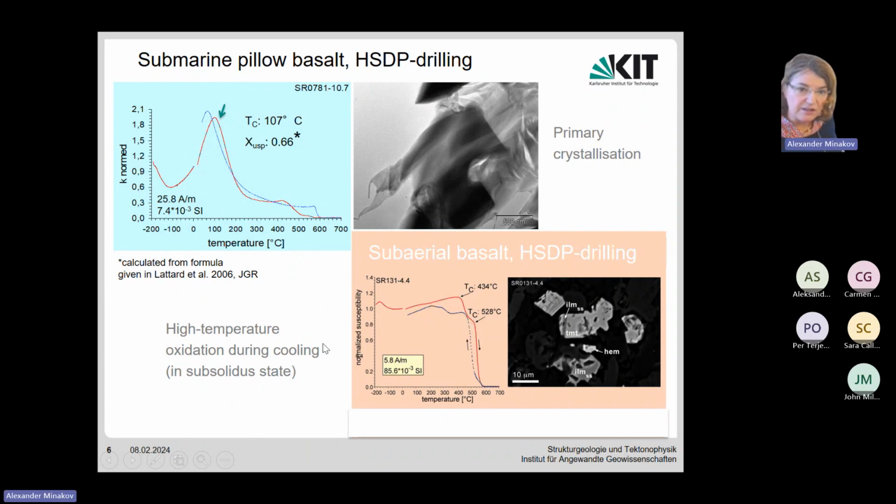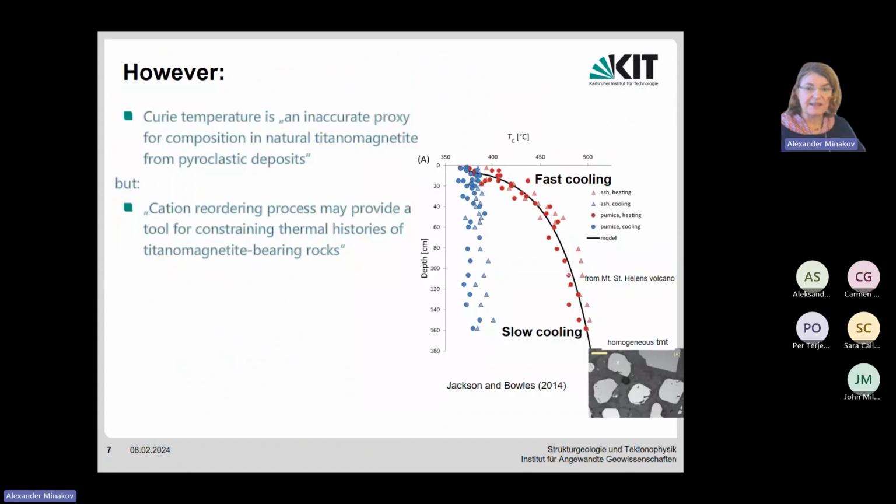So I think these are really the two things you can see in volcanic rocks: if you have fast quenching and if you have oxy-exsolution, you will see this.